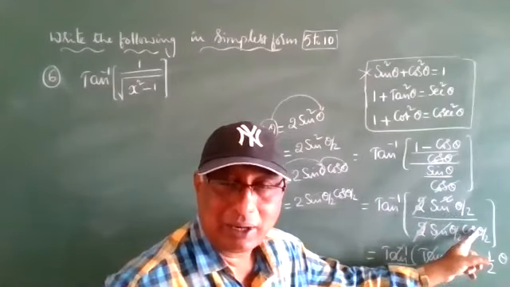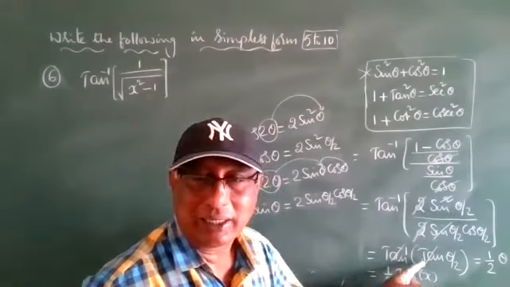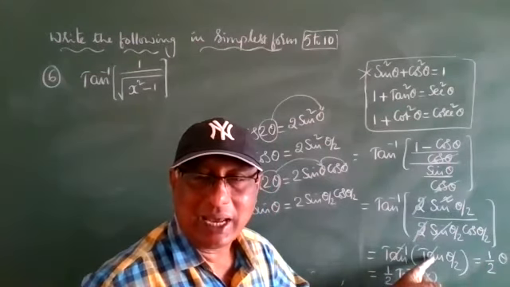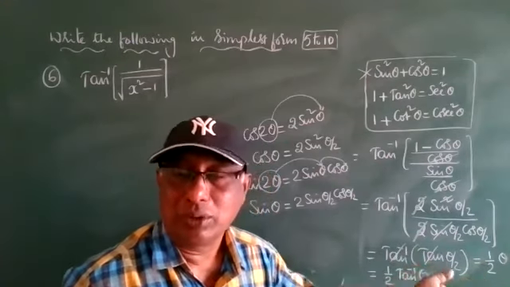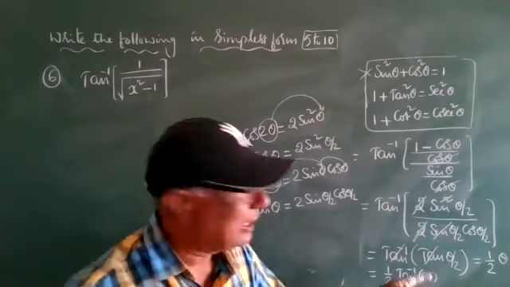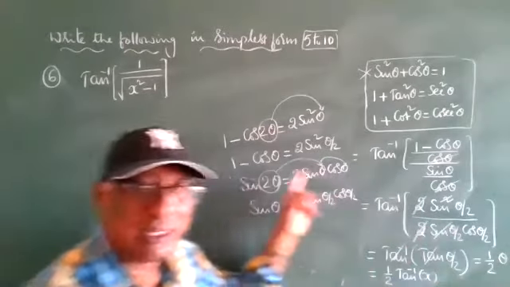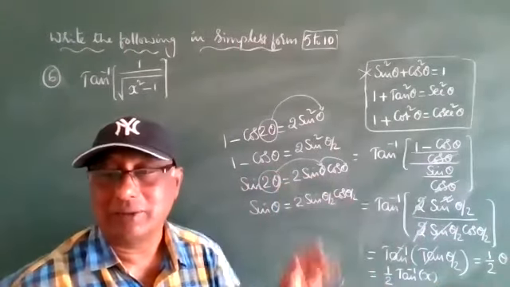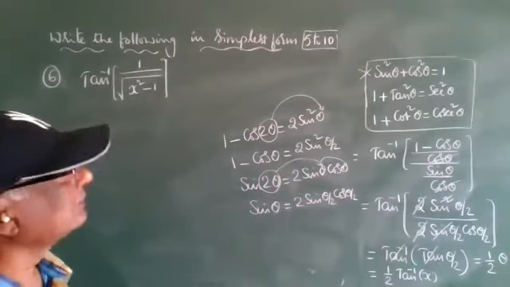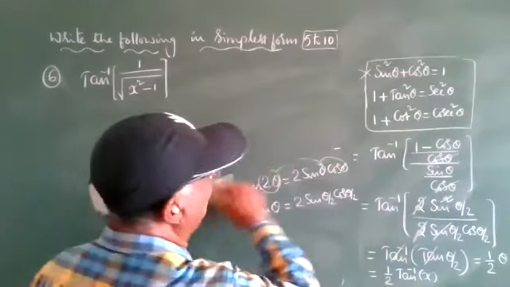Sin theta by 2 over cos theta by 2 is tan theta by 2. Tan inverse and tan cancel. So theta by 2 means half into theta. What is the theta value we write? Tan inverse x, so half into tan inverse x. Okay, right? Everyone observe.